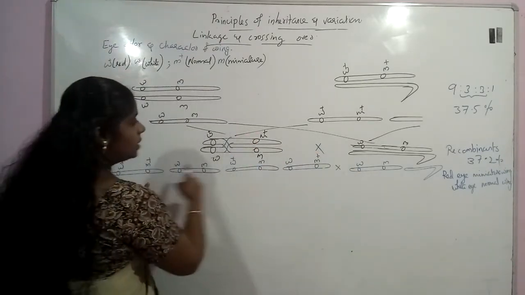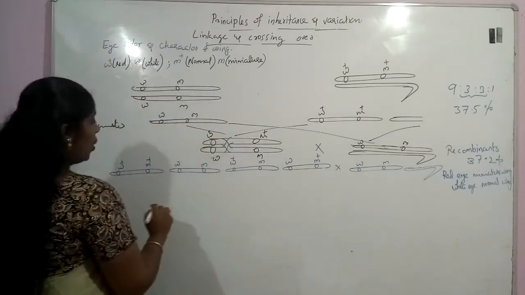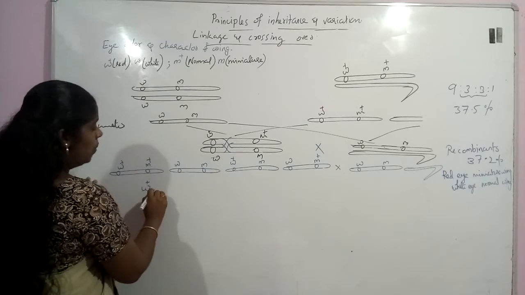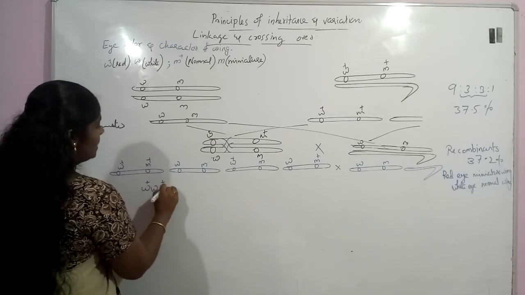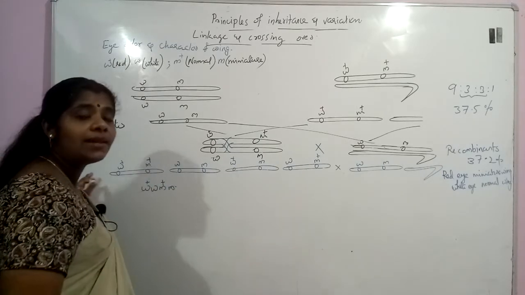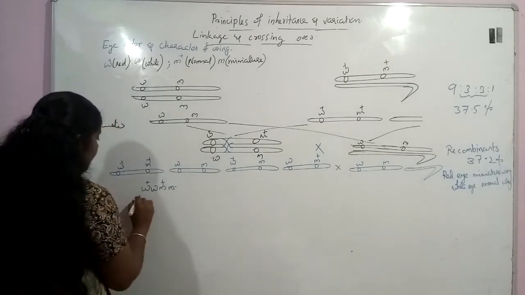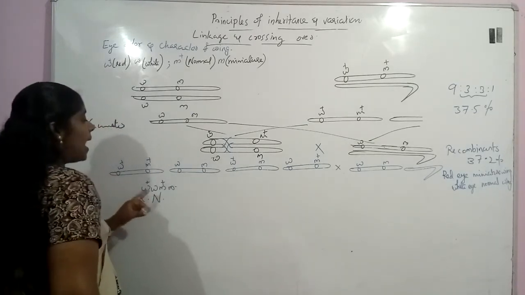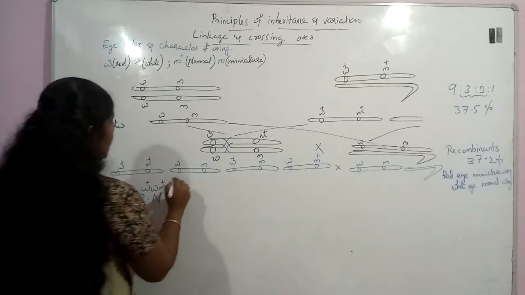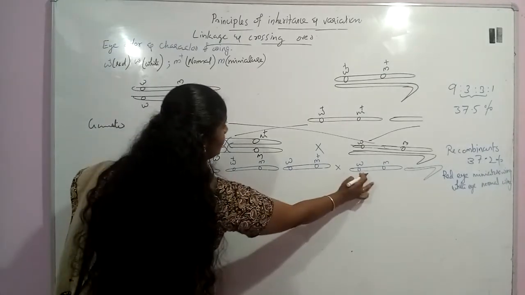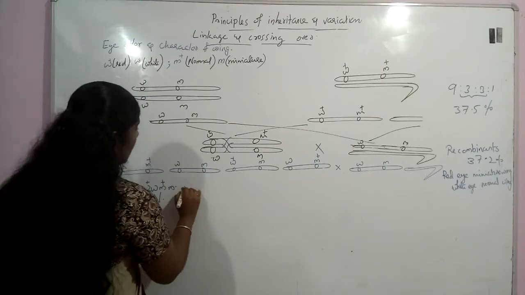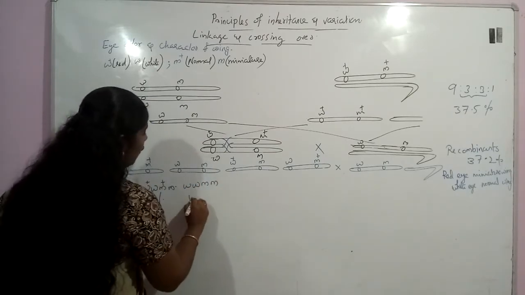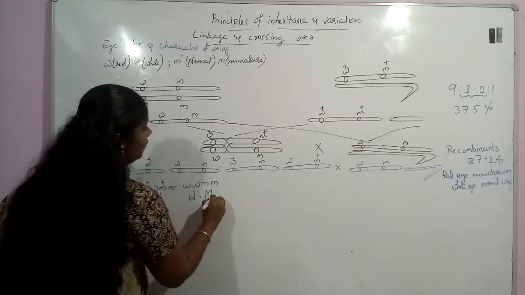When this egg joins with this one, I'm not drawing, I'm just writing the composition of those genes: W plus W, M plus M. This shows the characteristic feature of red eye and normal wing. If this joins with this one, it produces WWMM, that is nothing but white eye miniature wing.